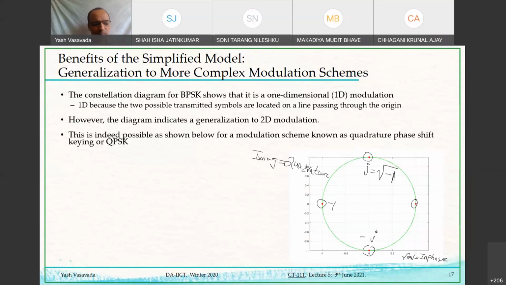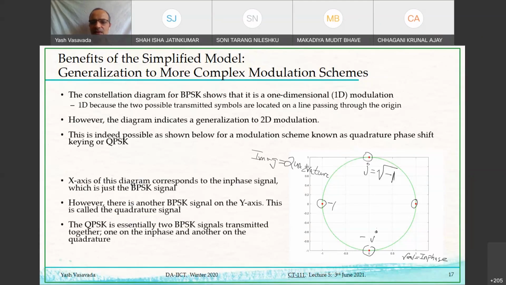And therefore, this diagram is sometimes called the diagram in the IQ plane, in phase and quadrature. So this is called the IQ plane.